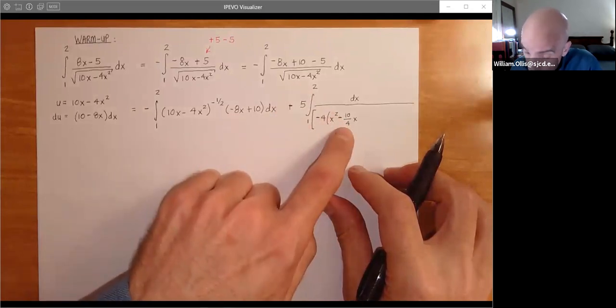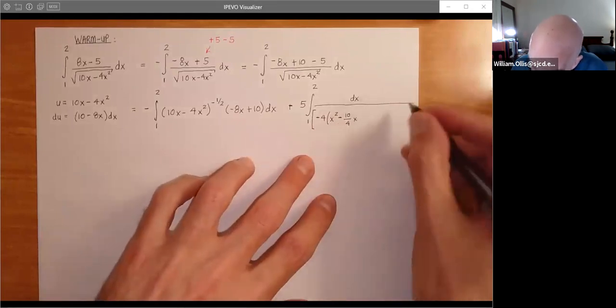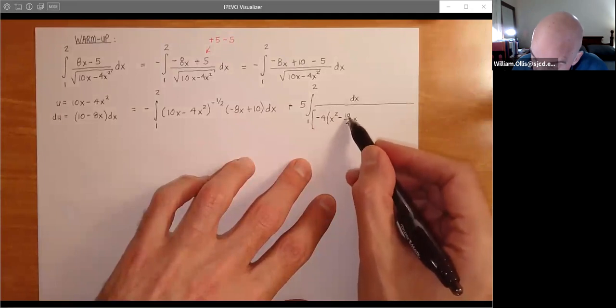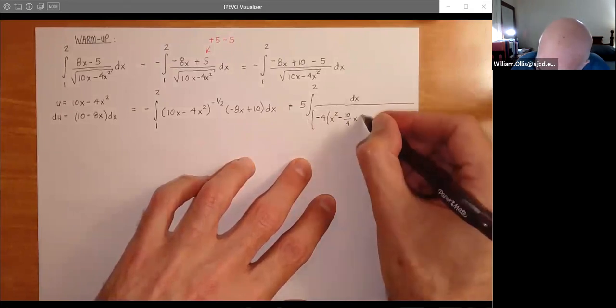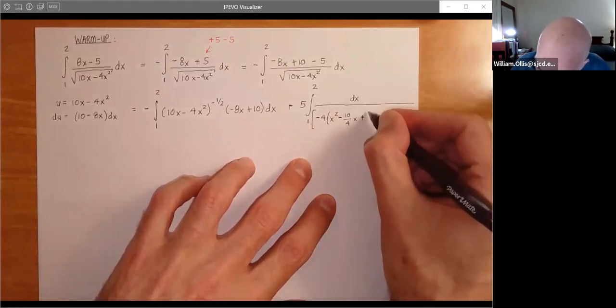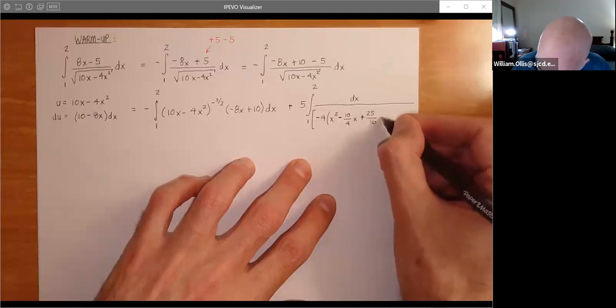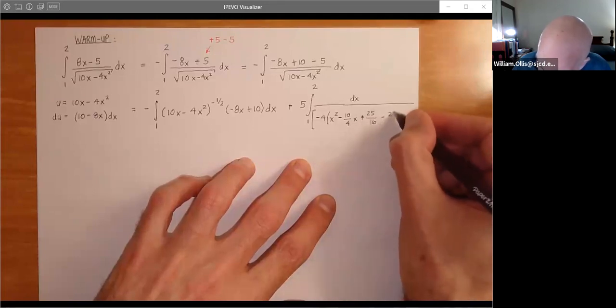So that's the correct algebra there. And now what we want to do is take half of this. When we take half of this, the 2 divides into the 5. So that gives us a negative 5 over 4. So we're going to square that. So that'll be 25 over 16. And then, of course, we want to subtract that off, pay for it.